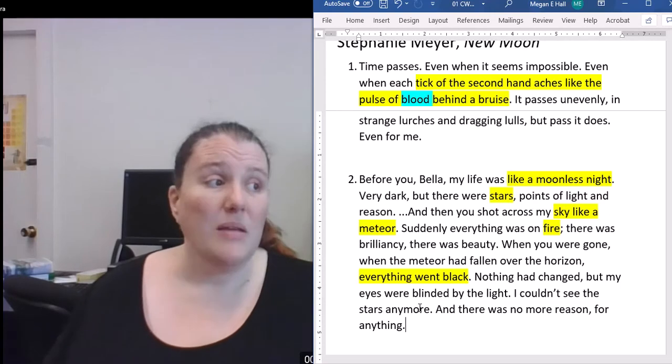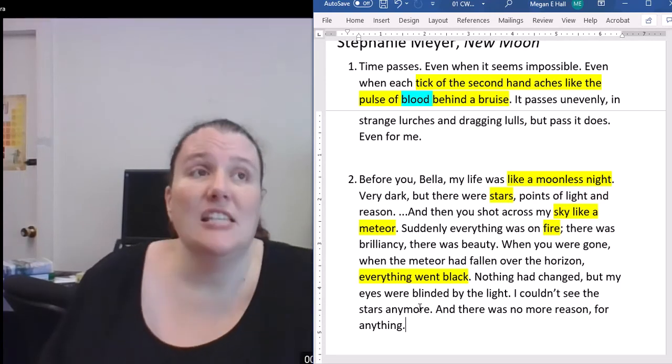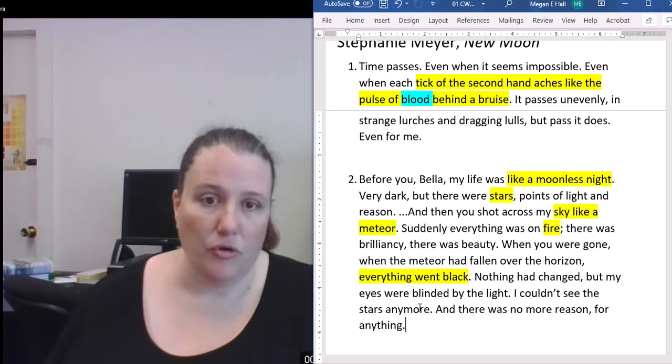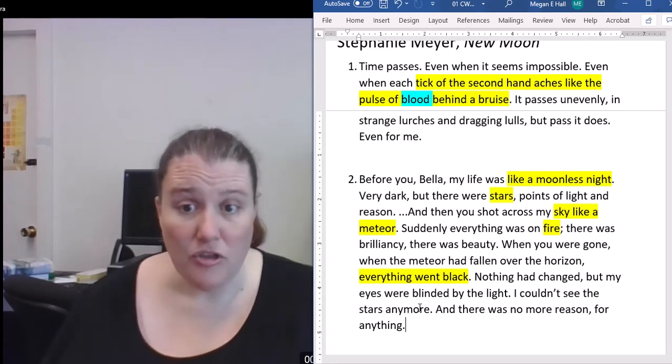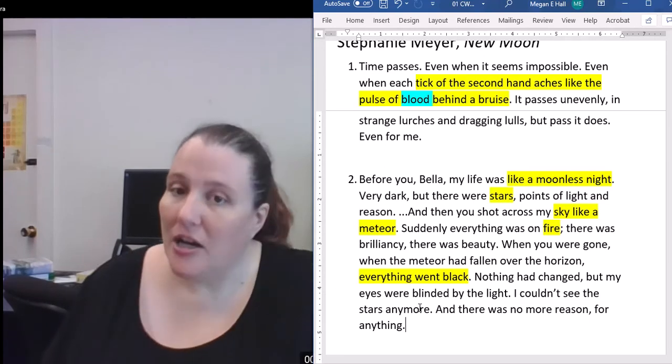So going beyond typical comparisons that we see all the time, that are used all the time, those are what you can learn from this author's particular style. And I think too, you can see, again, like with Cormac McCarthy, the style fits the genre and the subject matter and the theme.